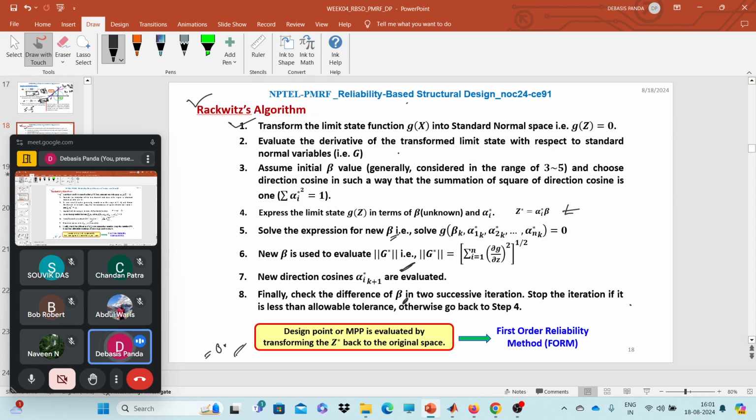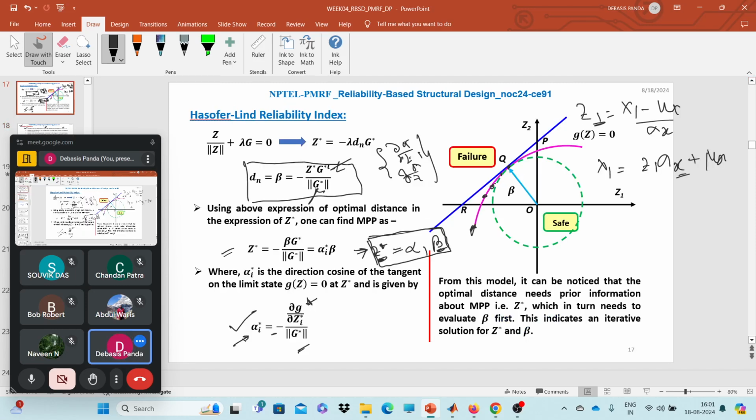First, what we need to do? We need to transform the limit state function into Z domain. And this G(z), based on this limit state function, is what we use for all the calculations. If we want to visualize it, say the initial beta I have provided here, based on that beta, and here we have some z1, z2 and z3.